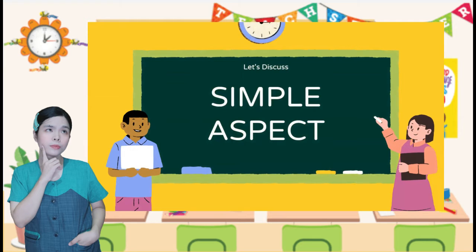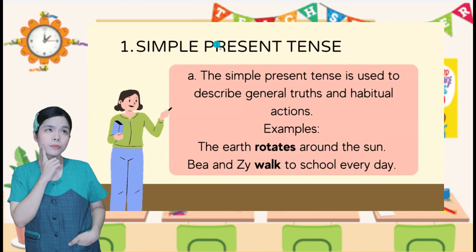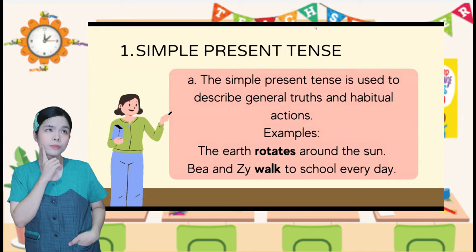Now, class, let us discuss what the simple aspects of the verb are. The first one is what we call the simple present tense. The simple present tense is used to describe general truths and habitual actions.